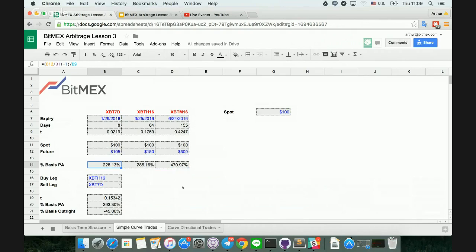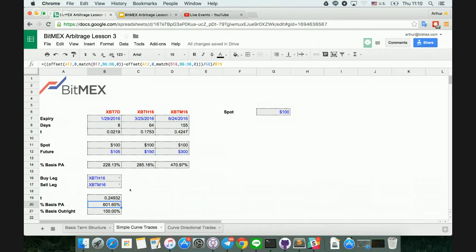So let's assume that we buy the H16 and we sell the June futures contract, M16. So what have we calculated here? What we want to know is what is the interest rate between the June and March period. So we've calculated the time value between these two contracts. And now we've calculated the percentage basis per annum between those two periods, which is 600%.